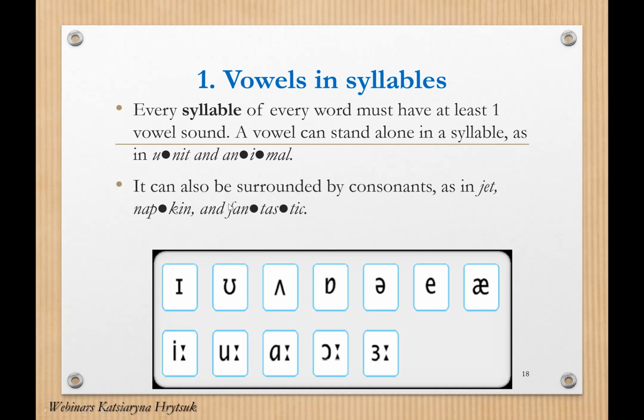Fantastic. Again, one vowel surrounded by one consonant and another consonant, so two consonants. Okay, Sophia, clear? Fantastic.